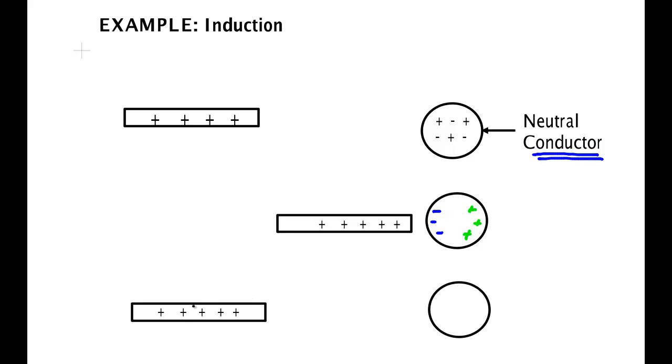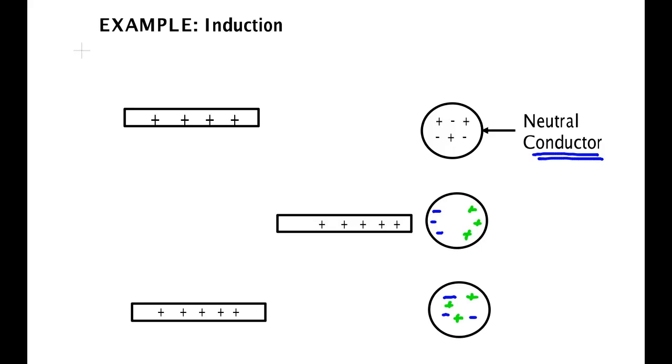So as soon as you pull this back, these positive charges will move back over, these negative charges will move back where they were, and you'll end up with something that looks like it did when we started the problem. So it doesn't become permanently charged. You won't get electrocuted or shocked. But it does experience a force provided this rod is close.